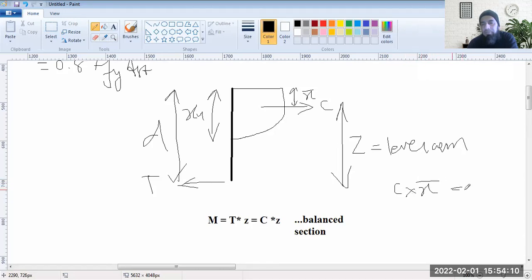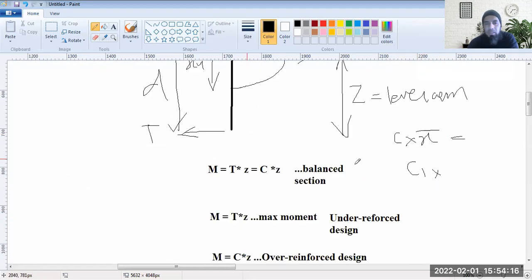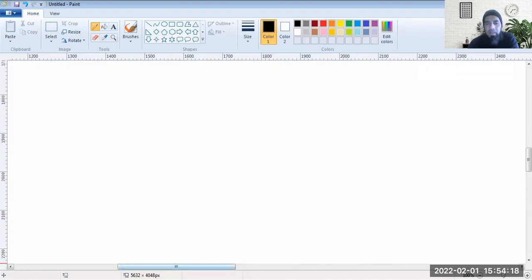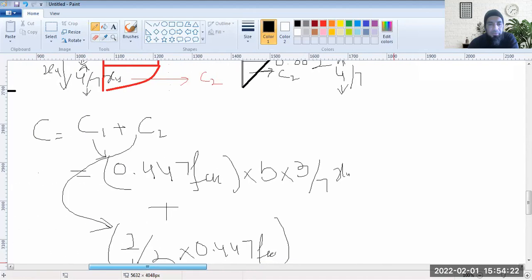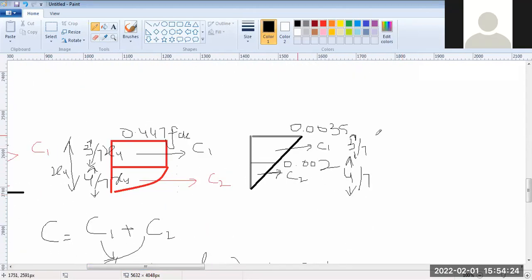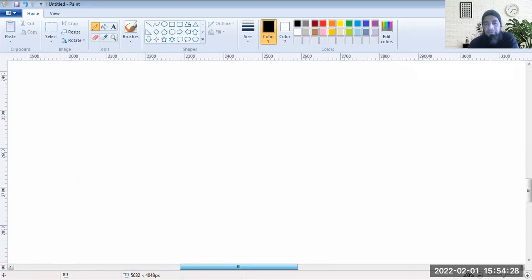It was made up of two components, C1 into what was the center of the rectangular portion above. Where did this go? Yes, here, 3/7. So 3/7 ka half.